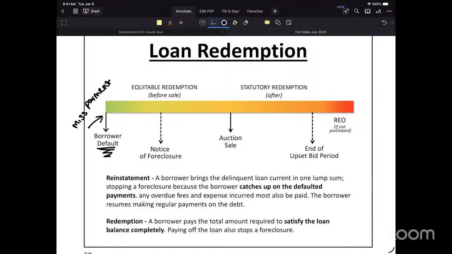Remember how much money a bank makes when you pay your loan. Banks don't want to foreclose on you. That's money they don't get, because after they foreclose, they get the rest of their investment back, but not any extra interest.